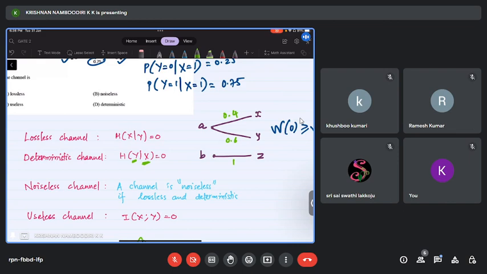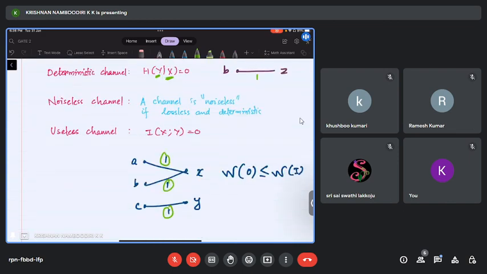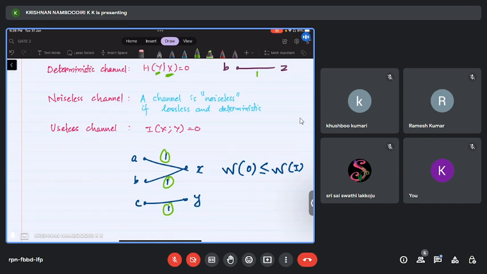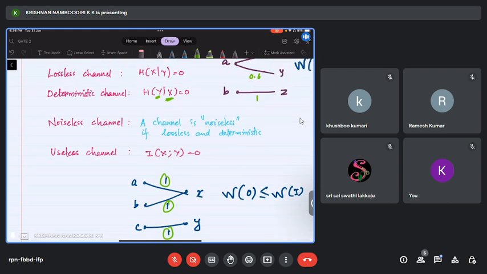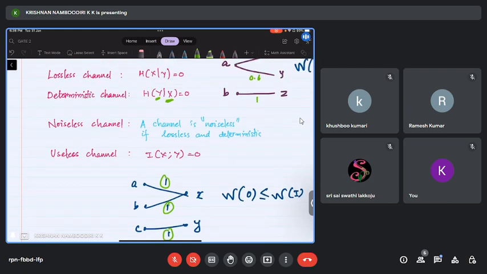It will be definitely A. But if you come to a deterministic channel, if I receive X, in this example, we still have a confusion whether the transmitted symbol is A or B. But if you know the input, the output is fixed. I hope it is clear and you are able to distinguish lossless and deterministic channels. It should be fine, right? Correct?